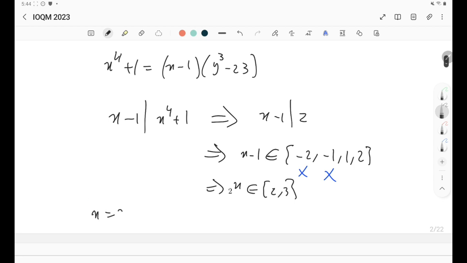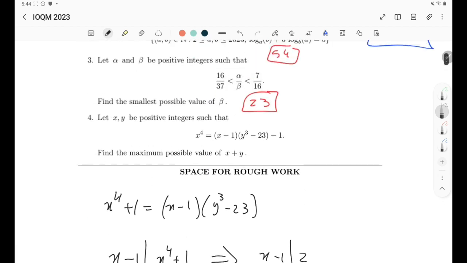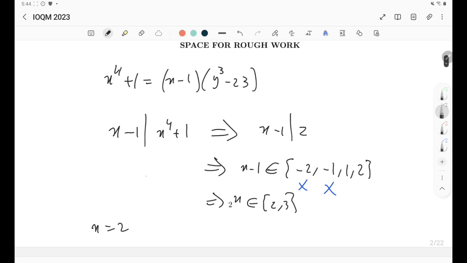If you try x equals 2, 2 to the 4 is 16, so 17 plus 23 is equal to y cubed, and this is just 40, so no solution here.